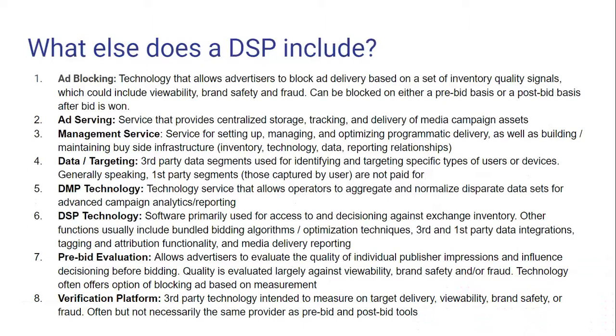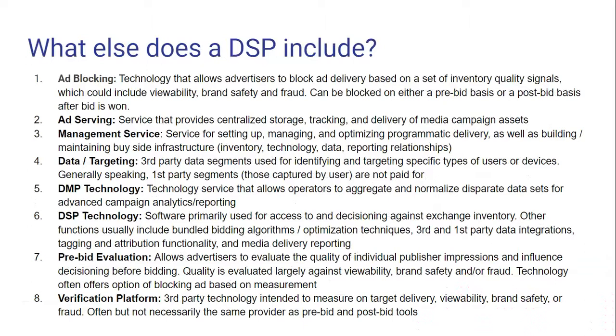Data targeting: third-party data segments used for identifying and targeting specific types of users and devices. This is something that I've already mentioned. DMP technologies are added to DSPs to help them get more advanced data sets, which will also help them give accurate results about their customers. DSP technologies, again, we have already discussed.